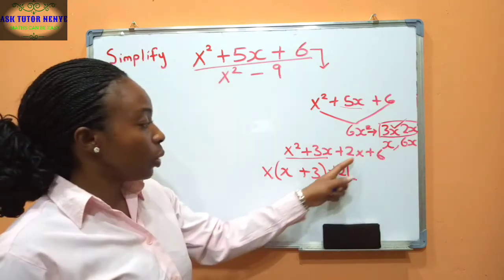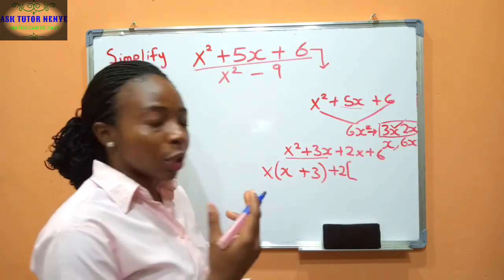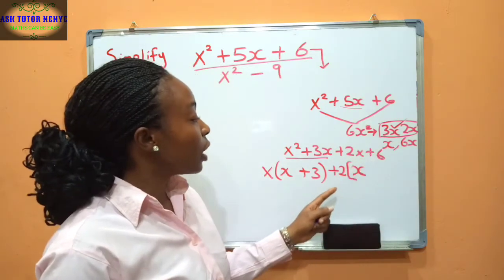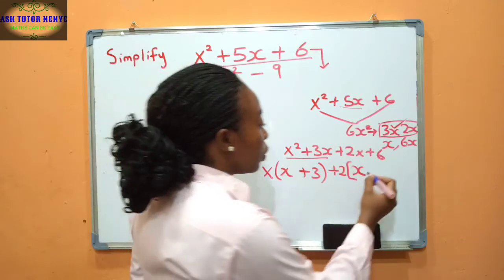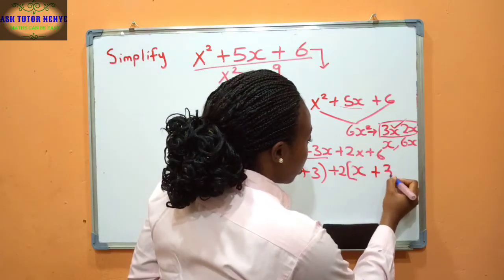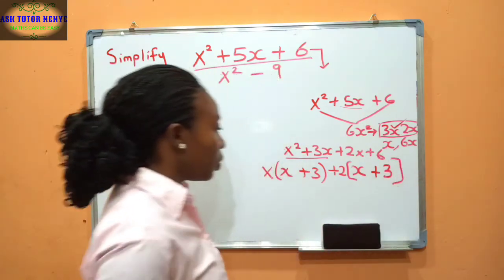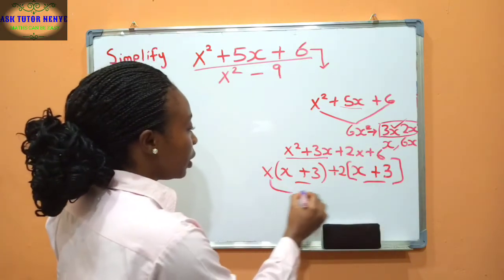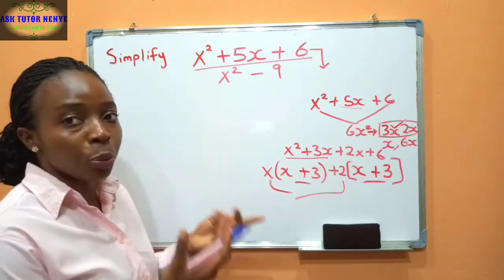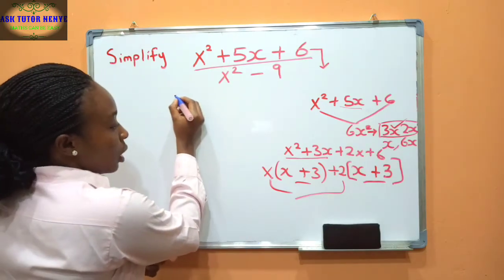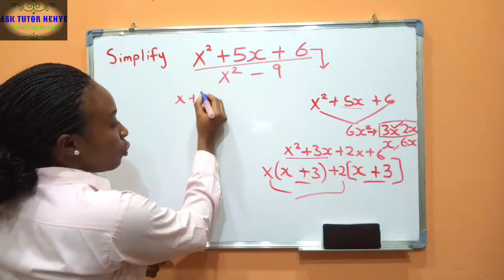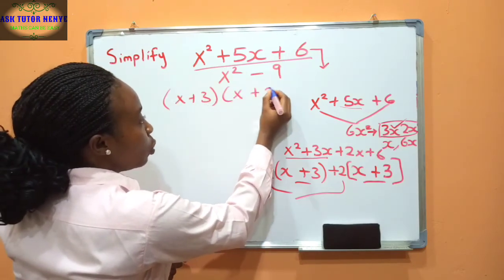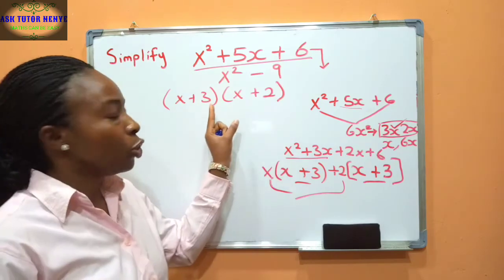Now when we say 2x divided by plus 2, we are going to have x. And then if we say plus 6 divided by plus 2, we are going to have plus 3. Then we close the bracket. So we simply pick one of these since they are the same, and then we pick this to become our numerator. So we are going to have x plus 3 and x plus 2 as our numerator.